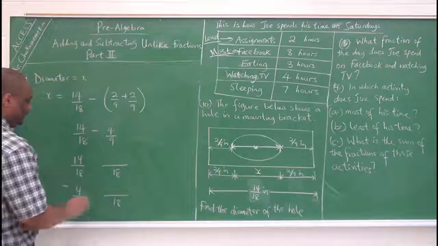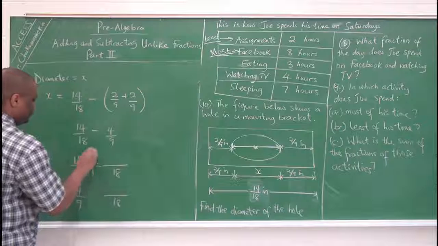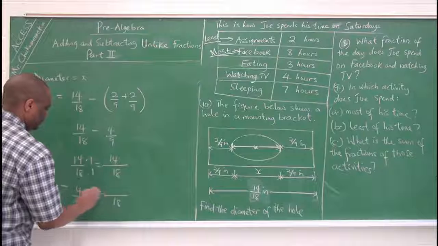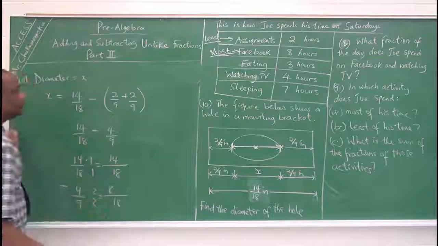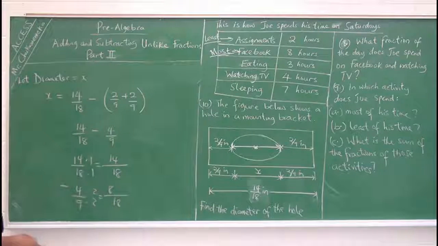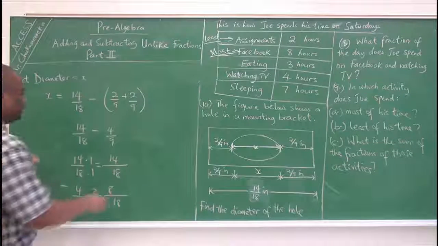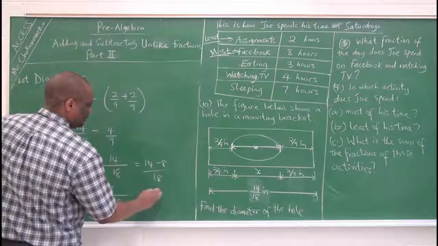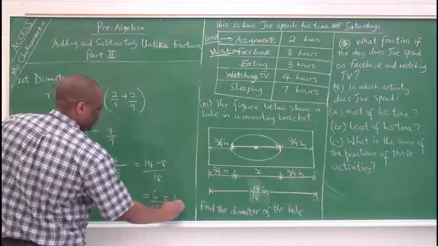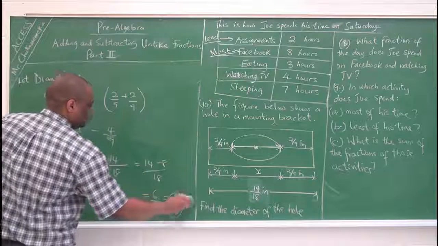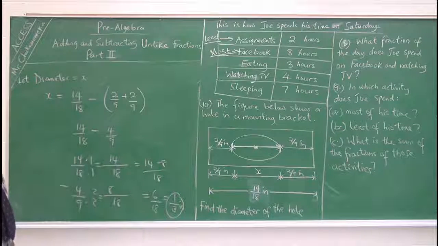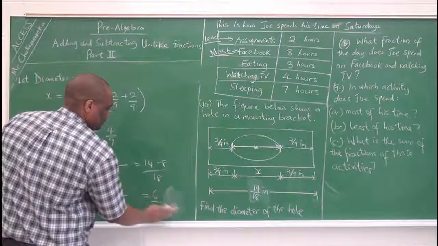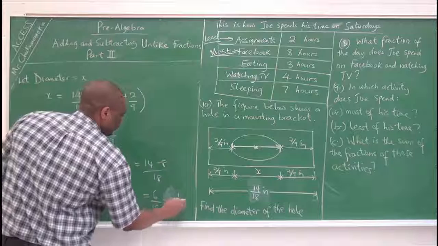You can verify that. 18 times 1 is 18, 14 times 1 is 14. 9 times 2 is 18, 4 times 2 is 8. So this will now be 14 minus 8 over 18, which is 6 over 18, and that is 1 over 3 inches. Make sure you put the unit inches.